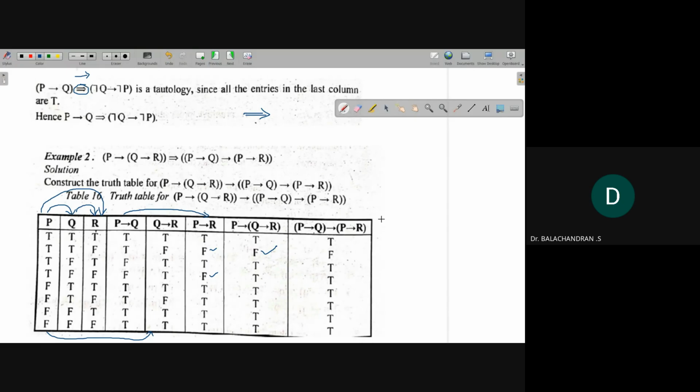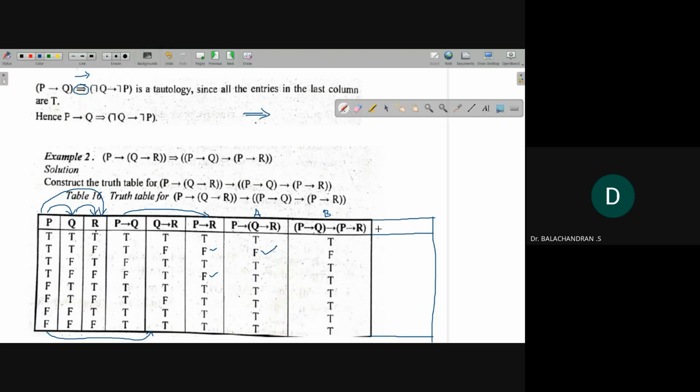And I need to write one more column. Here they did it in a slightly different way. I'll take this as A and this as B, because I don't have enough space to write the whole expression.